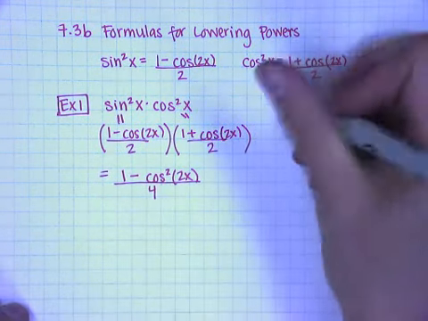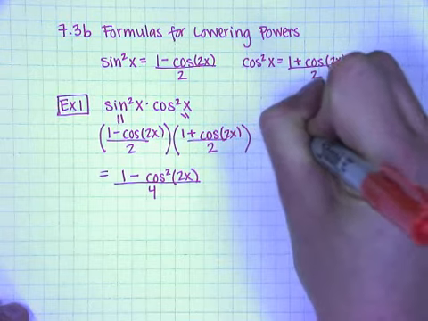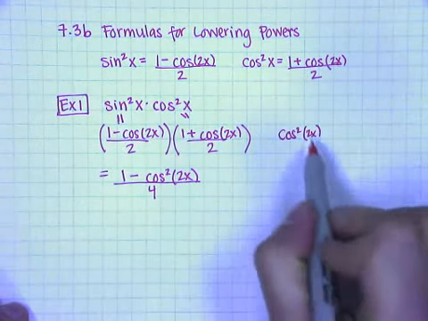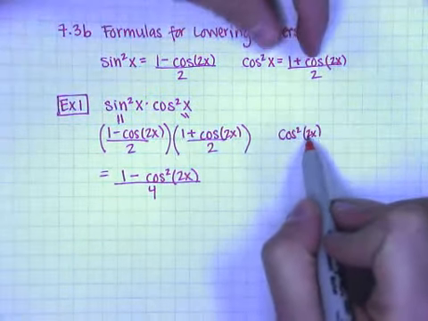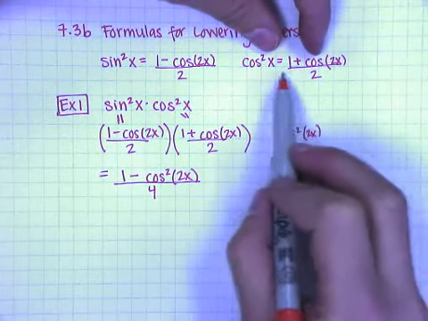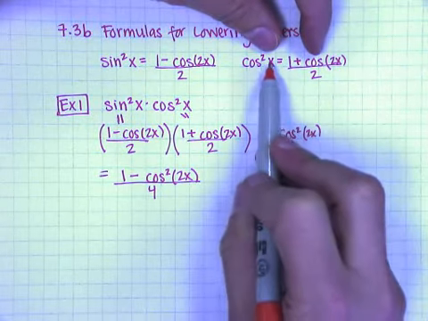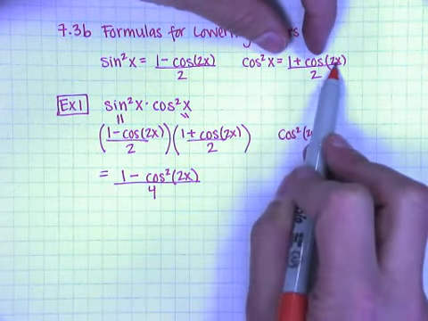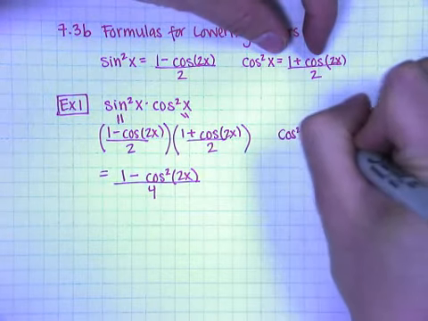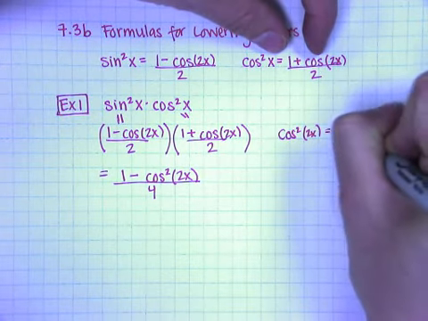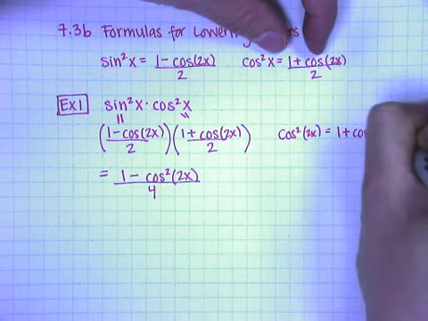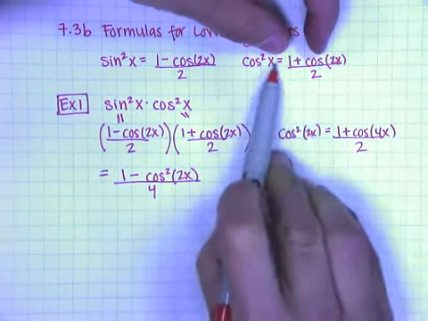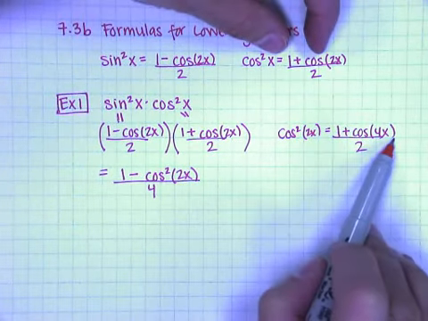Something to know about these power lowering formulas: if you have cosine squared of 2x, whatever's in the parentheses, when you use your power lowering formula, is going to double. So if it was x, it becomes 2x. So if it's 2x, it's going to become 1 plus cosine of 4x over 2. So whatever's in the parentheses doubles. 2x becomes 4x.